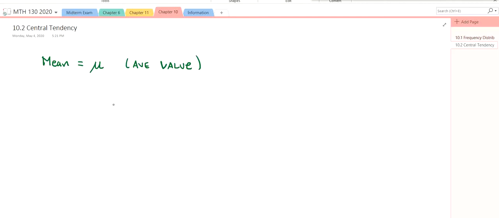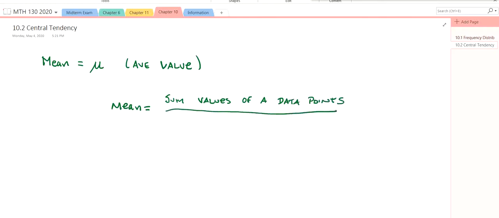So the way we calculate this mean is we sum up the values of all the data points, and then we divide that by the total number of data points.